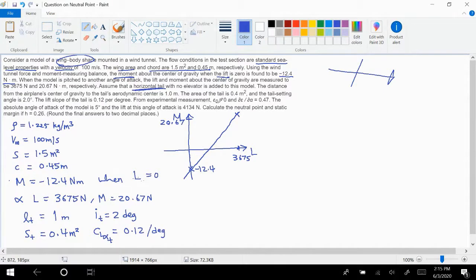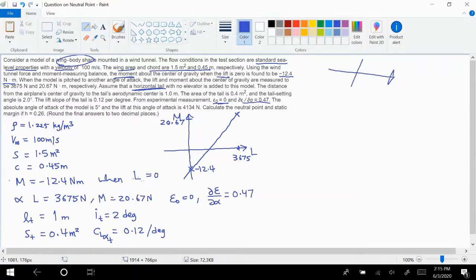From experimental measurement, E0, that is the downwash at 0 angle of attack, is 0. So E0 equals 0, and the slope of downwash equals 0.47.